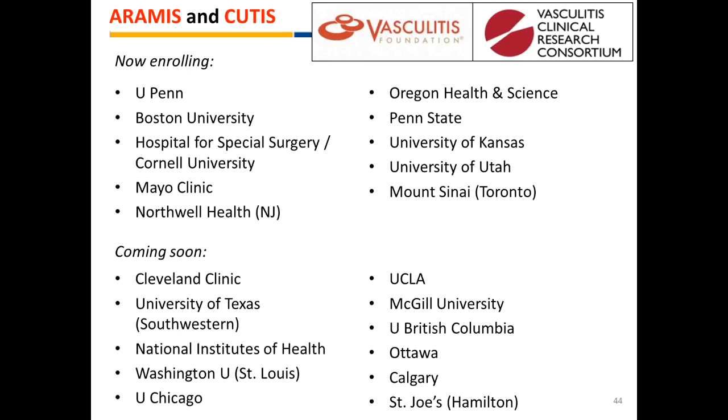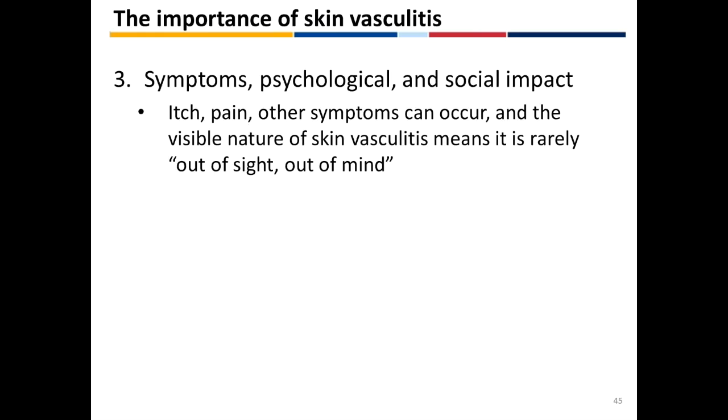We really need to address these issues and learn more about both how to treat skin vasculitis successfully, but also what the impact of it is on patients, and that's what both the Quality of Life Survey and these two studies I just mentioned are aimed at doing: making a better impact on this particular sliver of what patients with vasculitis are dealing with.